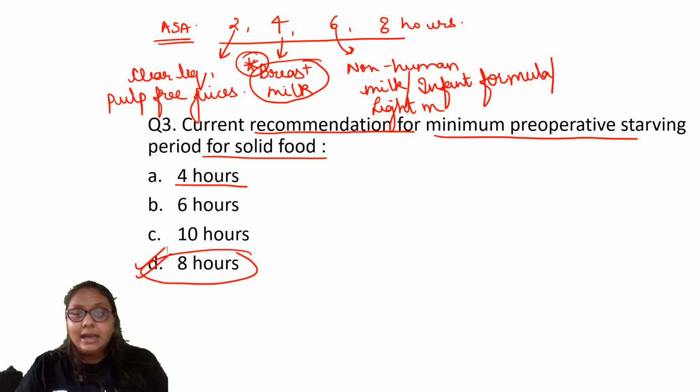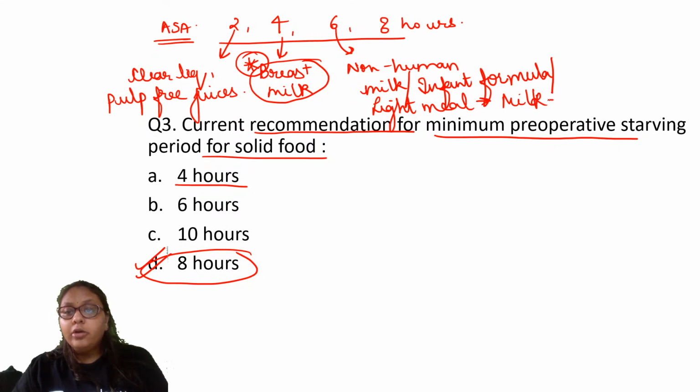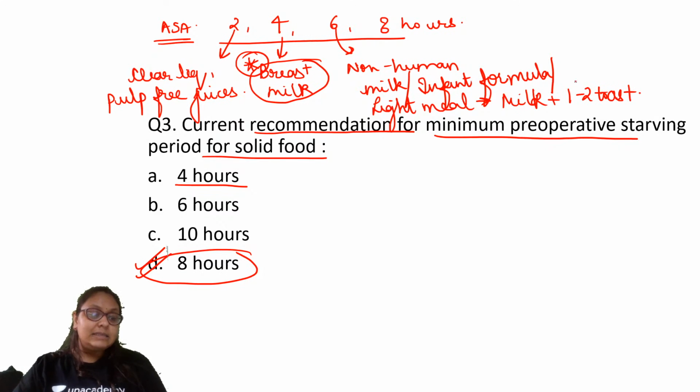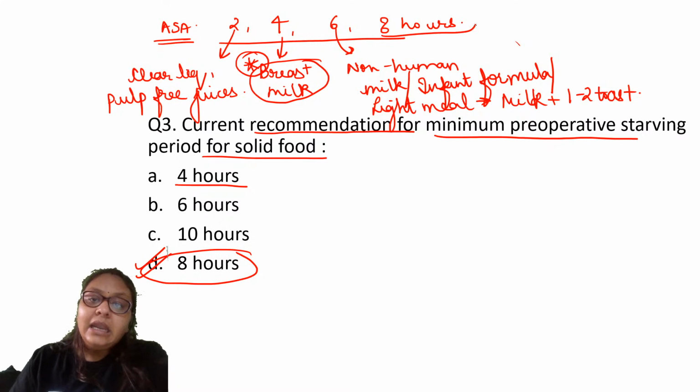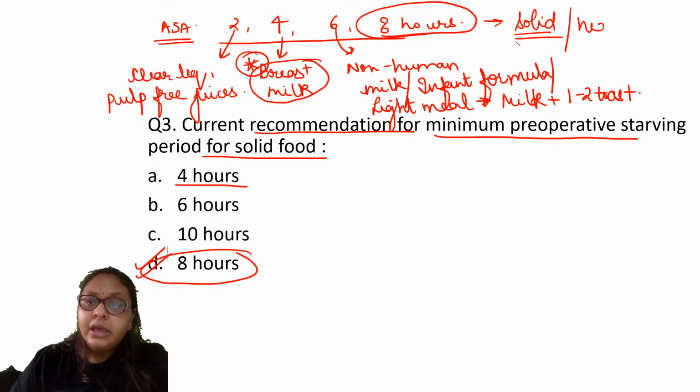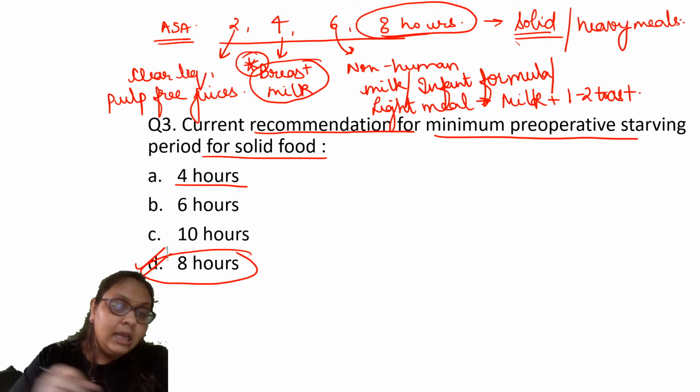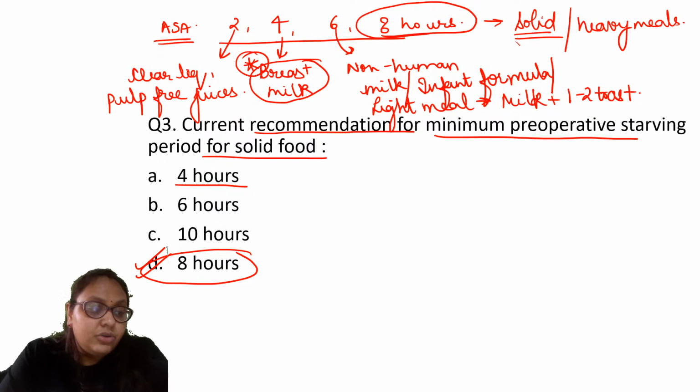What do I mean by light meal is having milk along with 1 or 2 toast. Okay, that is light meal. But 8 hours is for the solid food, that is, heavy meal or the heavy meal which contains fat or oil, that is for 8 hours. So the best answer out of this is 8 hours.